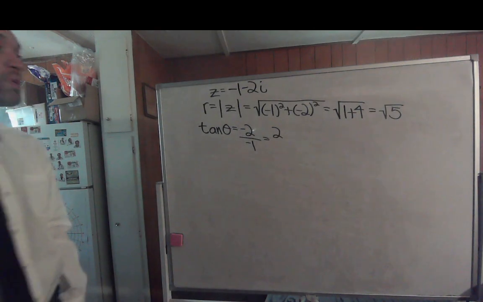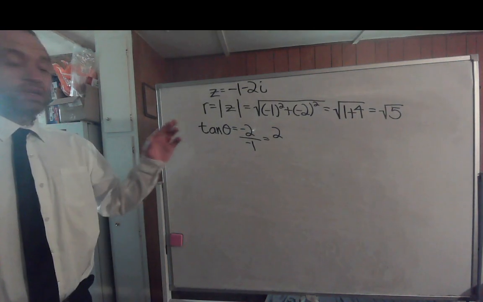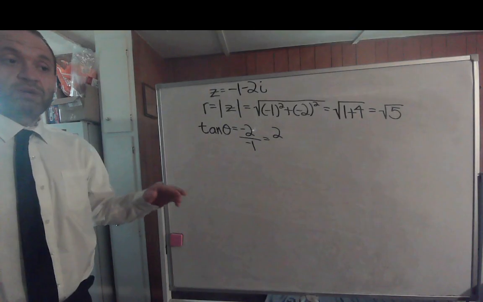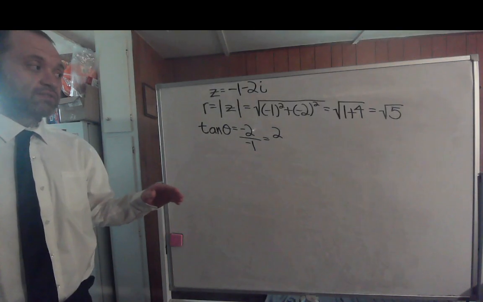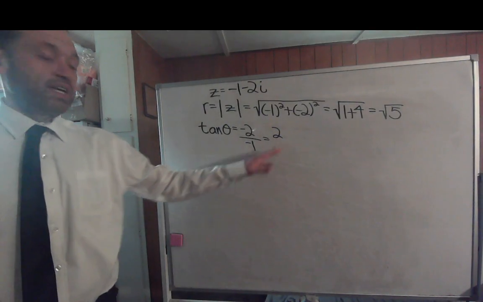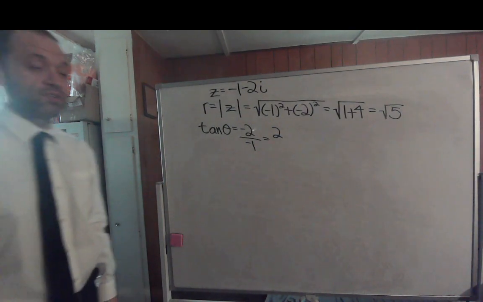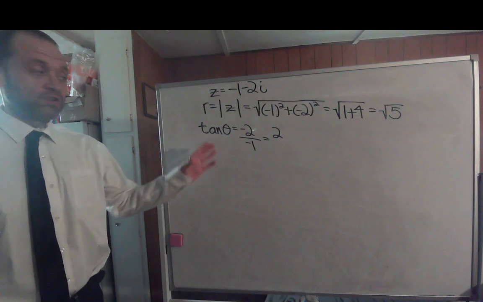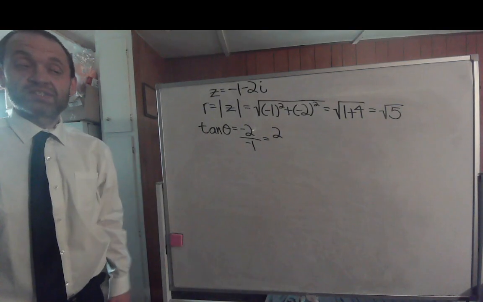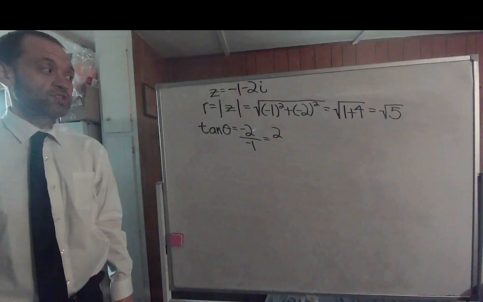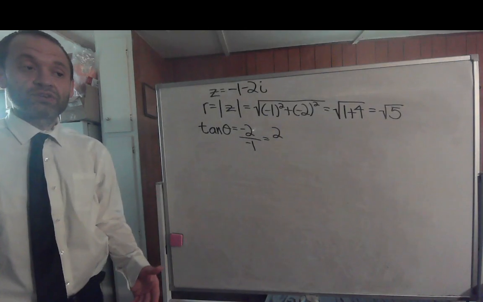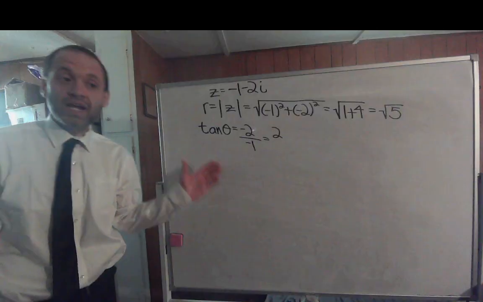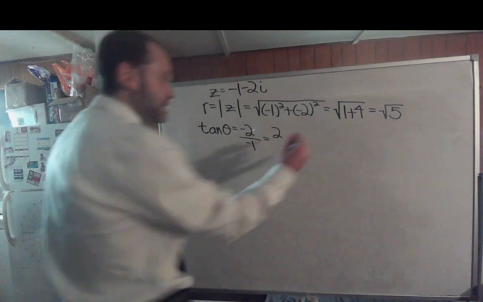One thing we got to know is there is no special angle value that's going to give us a tangent of 2. We're going to have to use the inverse tangent function. But since we're going to take the inverse tangent of a positive number, that's only going to give us a first quadrant answer. Our angle really lies in the third quadrant, so we'll have to add 180 to whatever result we get.